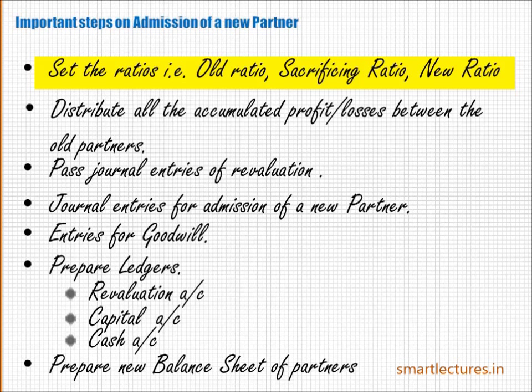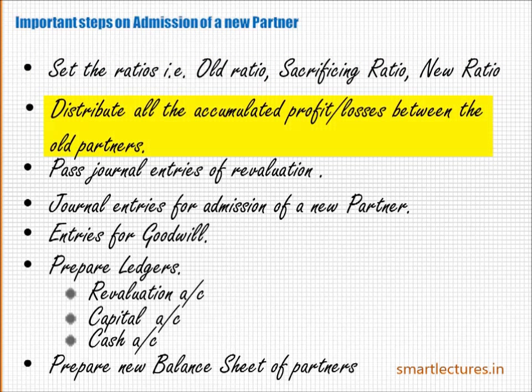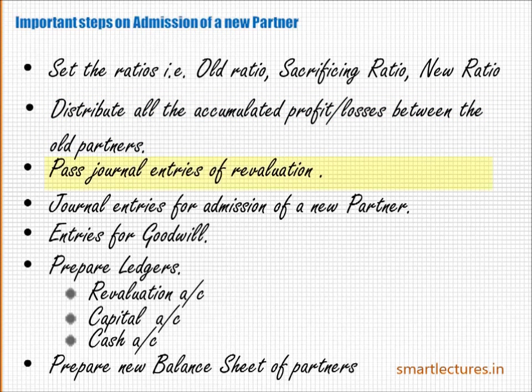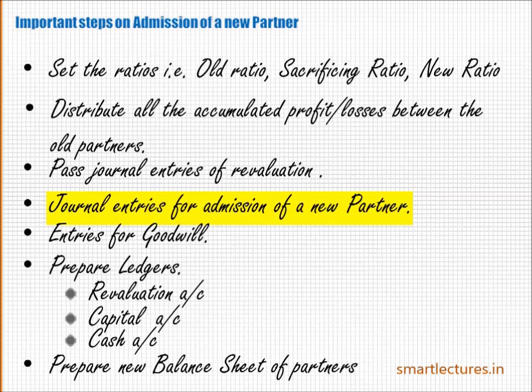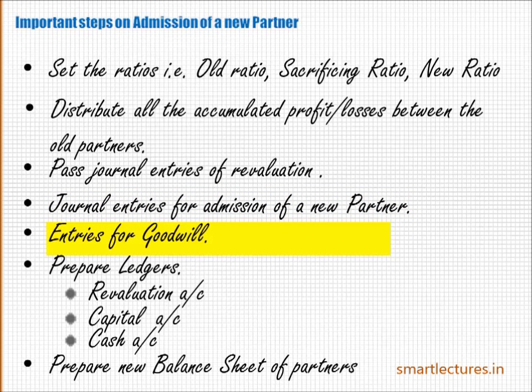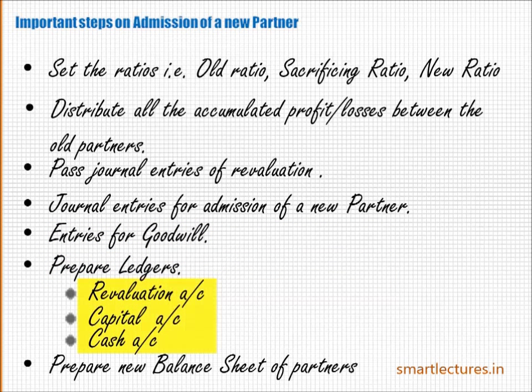Then distribute all the accumulated profits, distribute all the accumulated losses, then all entries of revaluation, then the entries of admission, then entries of goodwill. Then you have to prepare the ledgers. First of all, revaluation account, then capital accounts, then cash account, and after that you have to prepare the balance sheet.